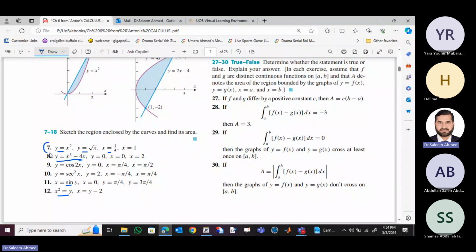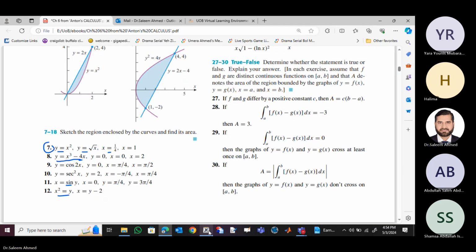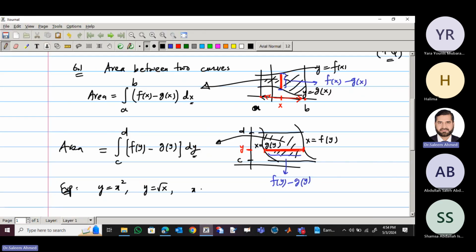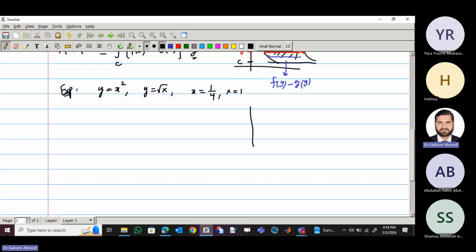So for example, this question number 7: y is equal to x squared, y is equal to square root of x, then x equals 1 by 4 and x equals 1. See, these two are lines, x equal to 1 by 4 and 1. If I want to sketch it, y is equal to x squared is this.